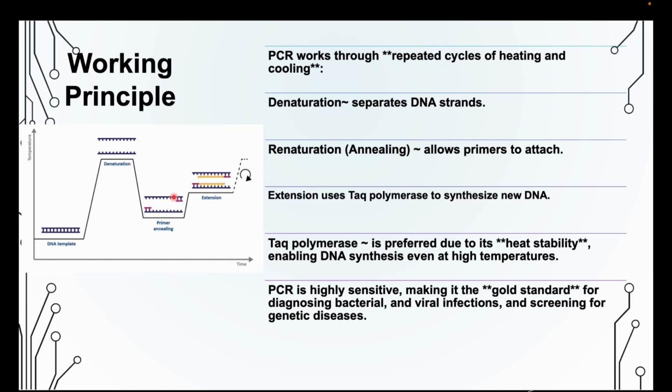So you see here is the primer binding, then extension occurs at a different temperature, and Taq polymerase is preferred due to its heat stability, enabling DNA synthesis even at higher temperatures. Because for PCR, for denaturation, we need more than 90 degrees Celsius, and then you need primer binding, and if the polymerase is not stable at that temperature, your primer will not be extended.